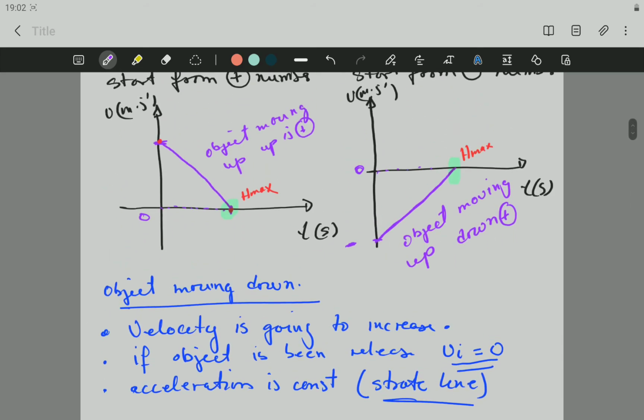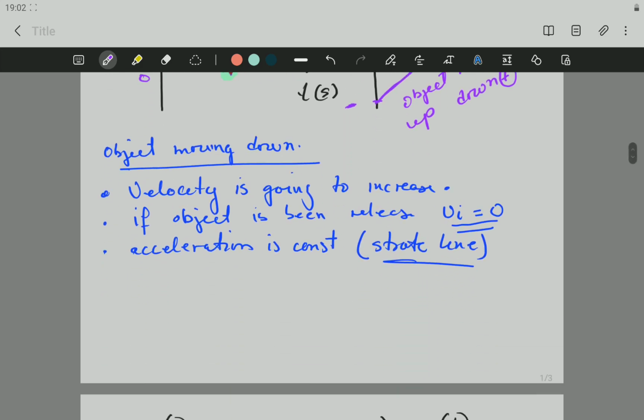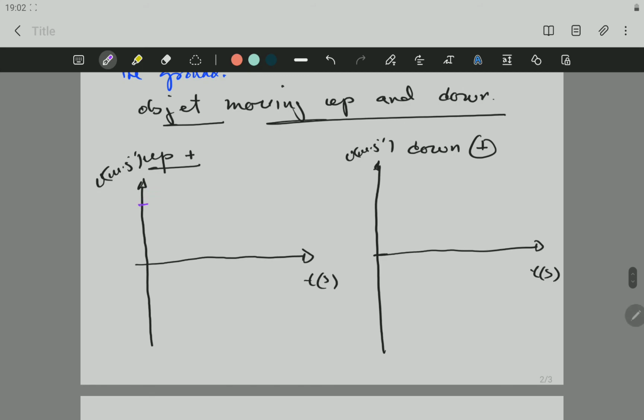If it's moving up, it's going to start from a number up until it reaches the maximum height. Up is positive, it is moving up, so the initial velocity is up, and then that object is moving all the way to the maximum height.